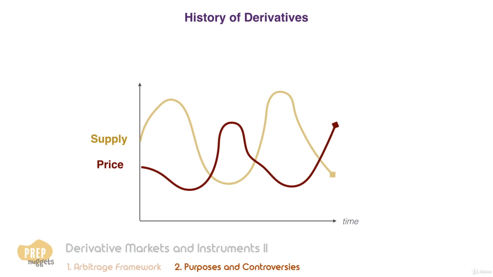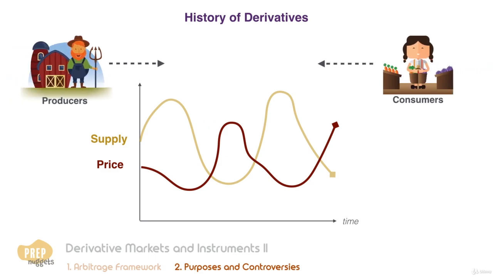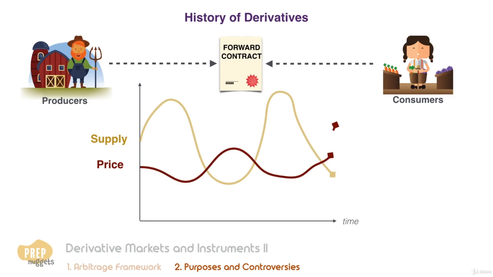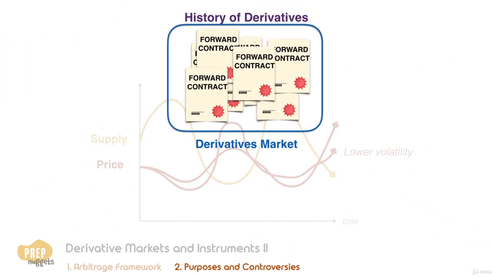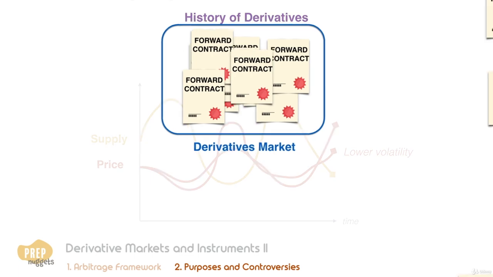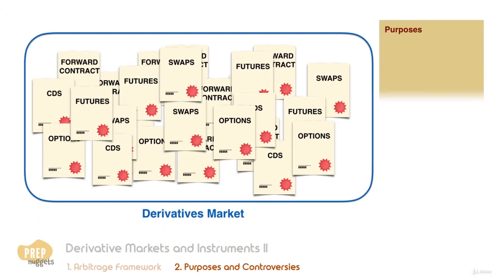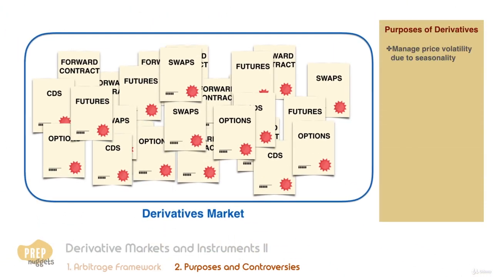The introduction of forward contracts allows the producers and consumers to agree on prices in advance. This has led to a reduction in the volatility of the prices due to seasonality. Eventually, people started trading such contracts, and the derivatives market started from there. Derivatives markets today are much bigger, much more organized, and have evolved into serving several other useful purposes in modern finance.